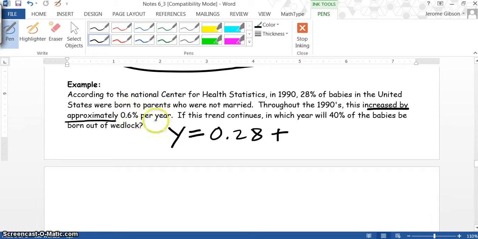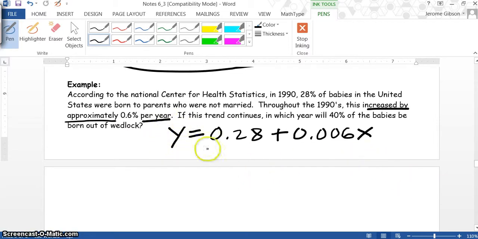So 0.6% is 0.006. And then that would be multiplied by x. Now x will represent the year because it's 0.6% per year. So x will represent the year and y will be the actual percentage.